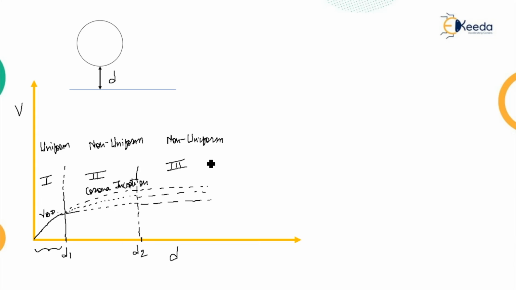So the corona inception voltage mainly depends on the sphere diameter. So this is all about the corona formation. Now, as I said, we are going to cover the corona effect also. I have already pointed out a few important points related to corona, like the corona inception voltage, the color, the gas, the noise which is formed due to corona. Now, how does this corona form?